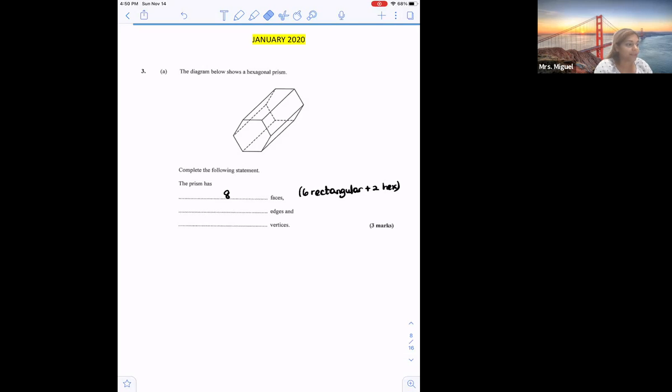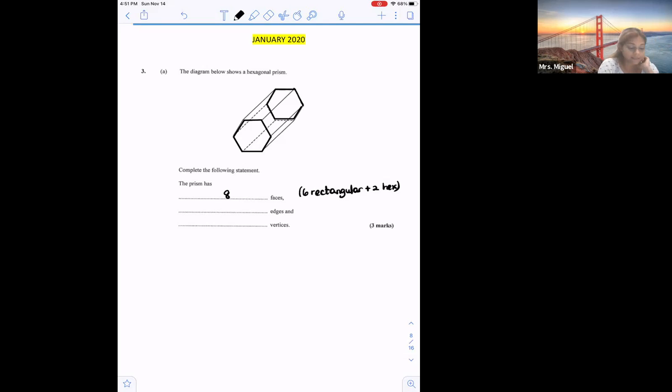So now each side of the hexagon has 6 edges. So we have 1, 2, 3, 4, 5, 6. We have 6 edges, and here we have 1, 2, 3, 4, 5, 6 edges there.